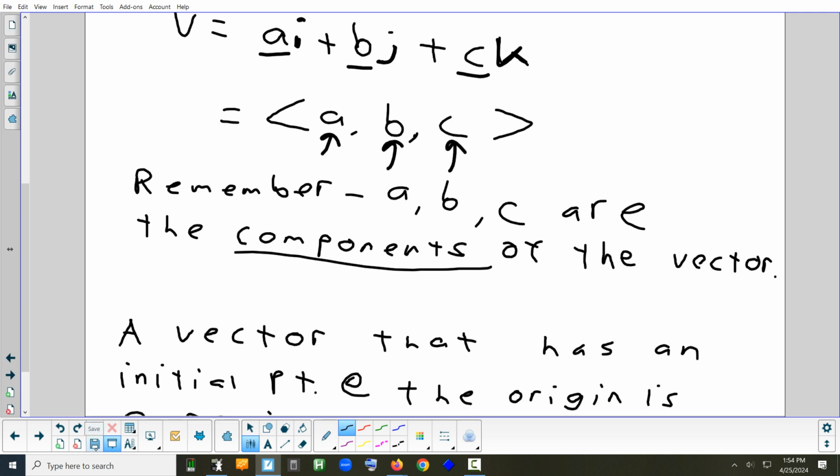Okay, this definition is a review from Monday. Does anybody remember what you call a vector that starts at the origin? It has a special name. No, a unit vector is just a vector with a length of 1.